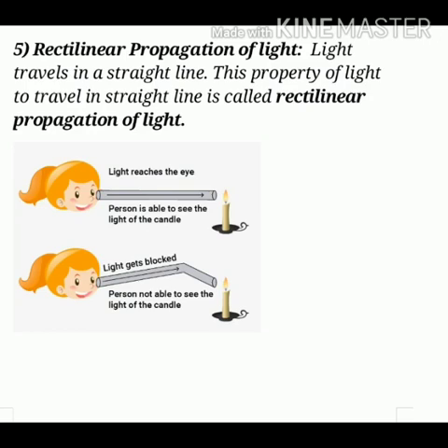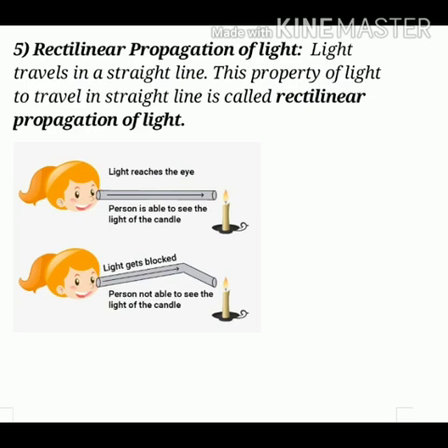As shown in the picture, when we look at a flame with the help of a straight pipe, we are able to see the flame of the candle. But when we look at the same flame with the help of a bent pipe, we are not able to see the flame.